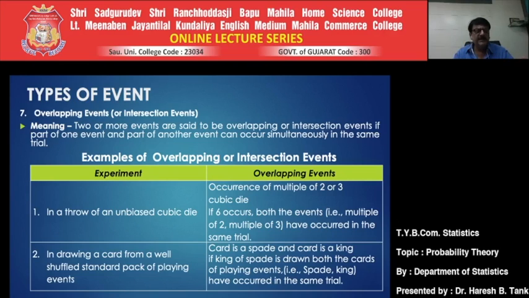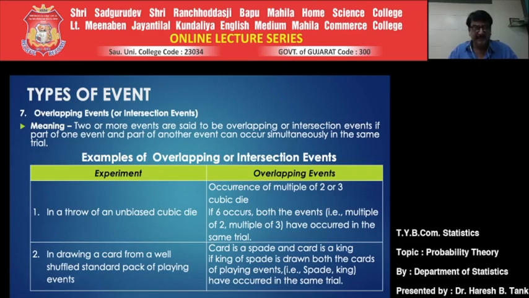Exactly, if you understand it properly, overlapping events or intersection events are nothing but not mutually exclusive events. Whenever overlapping or intersection events are there, they are not mutually exclusive in nature.